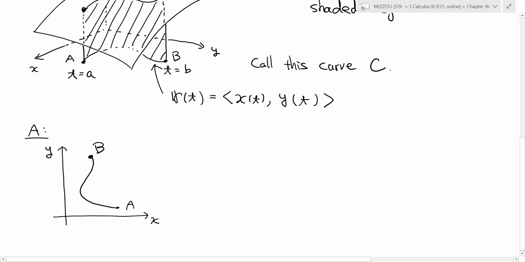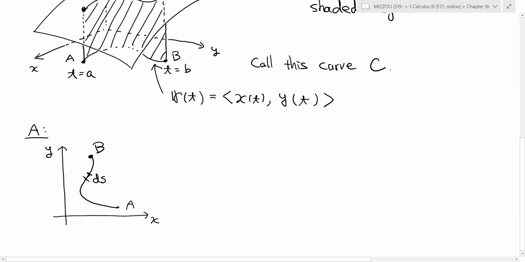Then now, let's divide the curve into tiny pieces. And each small portion of the curve is called ds. This is a little displacement in the curve, ds.